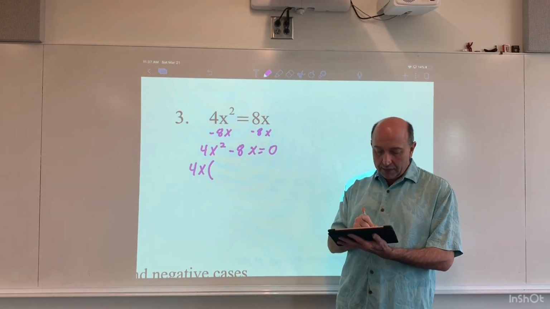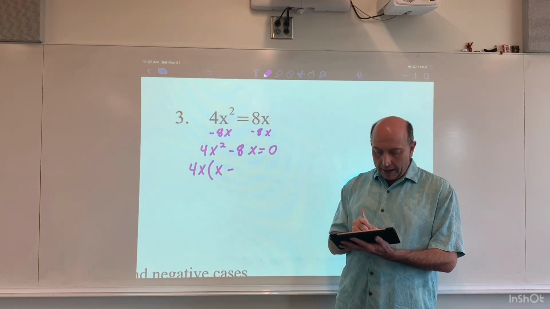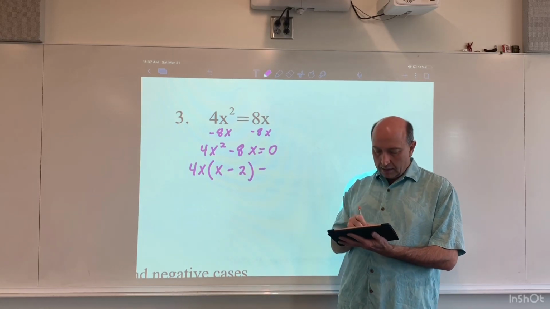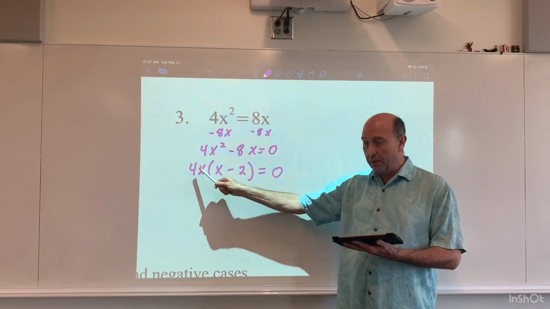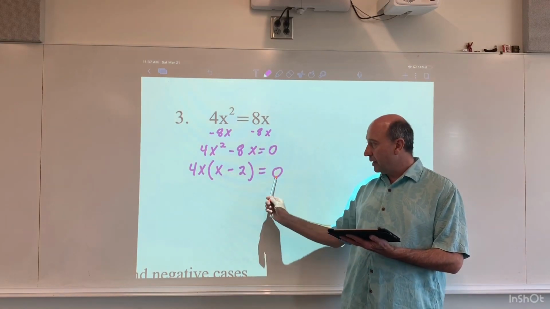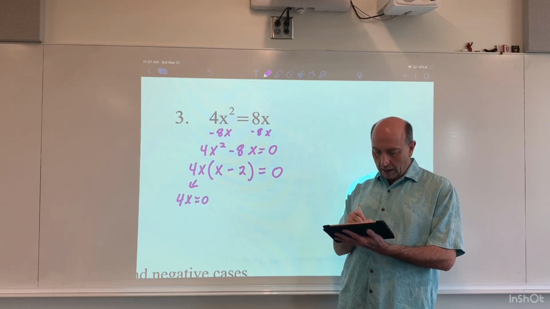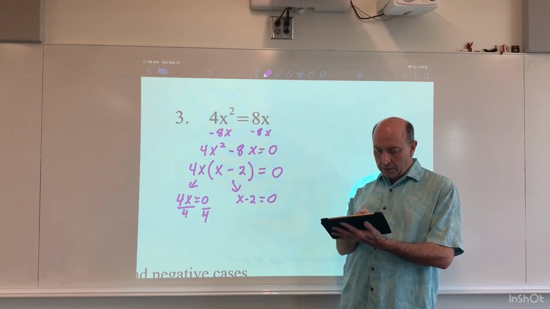And then what's left is x. 4x times x is 4x squared, minus 2. 4x times 2 is the 8x. Now that I have two parentheses, I can think what makes this 0? Because 0 times any number is 0. So what makes 4x 0? And what makes x minus 2 0? Okay, so this one I can divide both sides by 4.